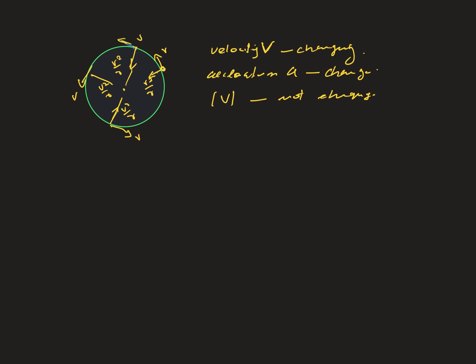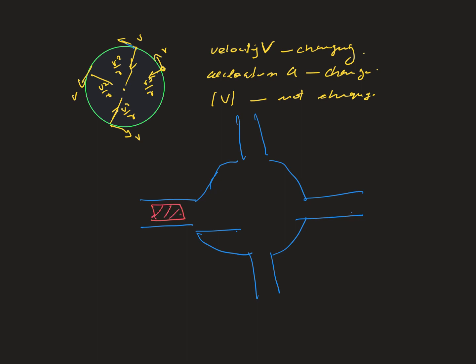So if we have a road and there's a roundabout, that's not a perfect circle, but it's a roundabout. There's a car coming here, and the car will turn here and go here.